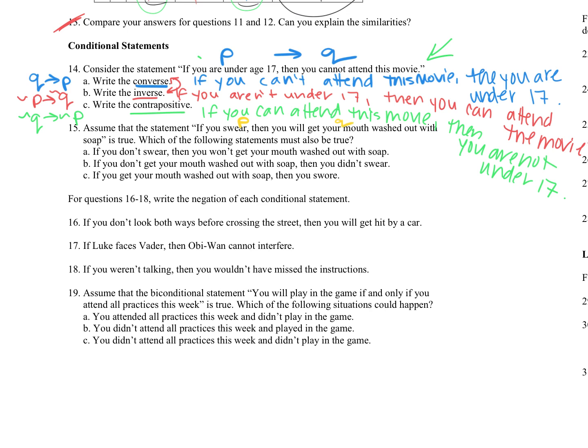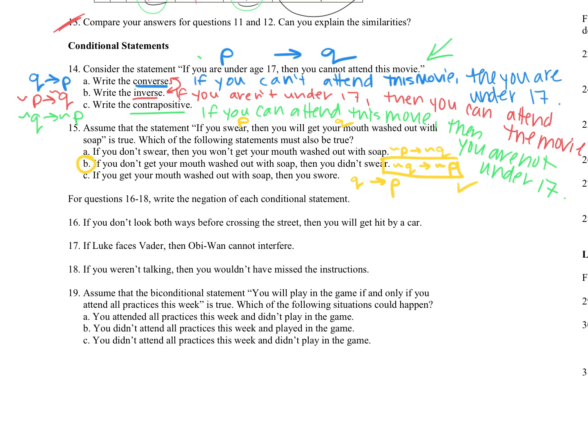If we say if you don't swear, that's the negation of P with the negation of Q, if you don't get your mouth washed out with soap, so negation Q to negation P. And if you get your mouth washed out with soap, that would be Q, then you swore, implies P. So A and C aren't necessarily true, but B is the contrapositive of that statement, and so that one would be true.